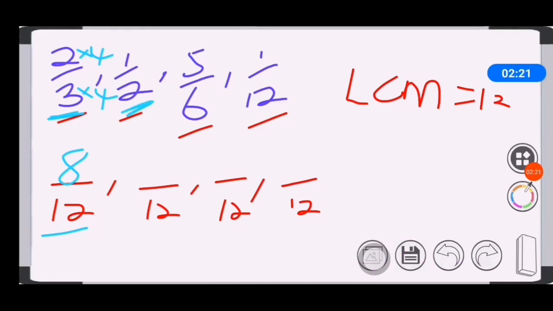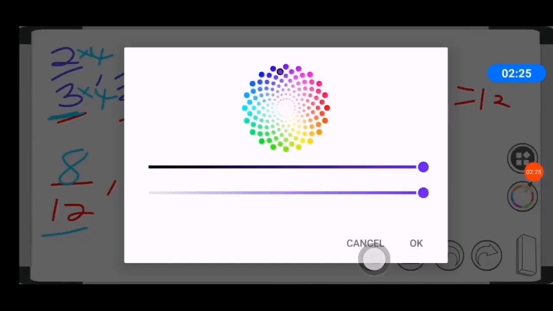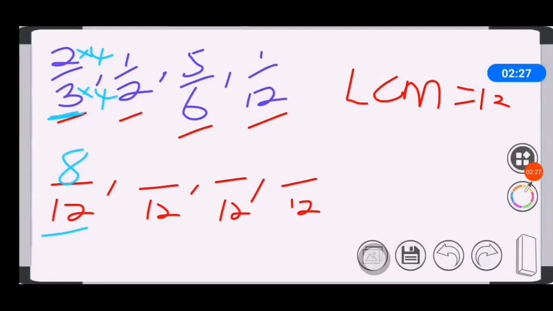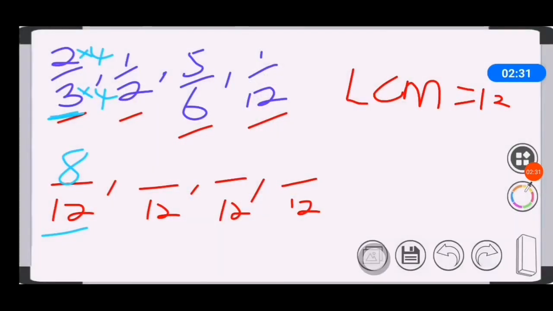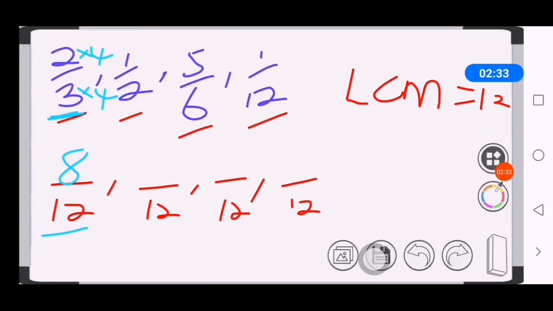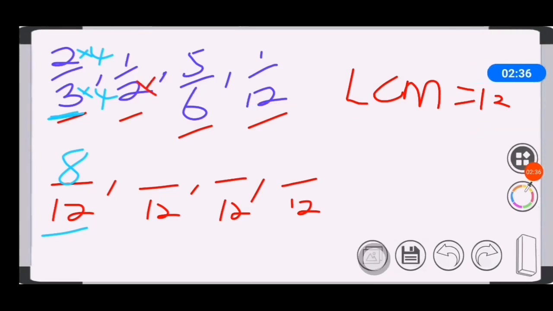How will the 2 become a 12? It's 2 times 6. So we do the same thing for the top, times 6. So 2 times 6 is already 12. We've written it. 1 times 6 will now be 6.